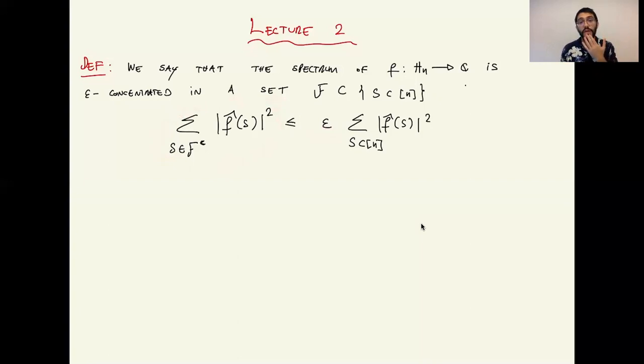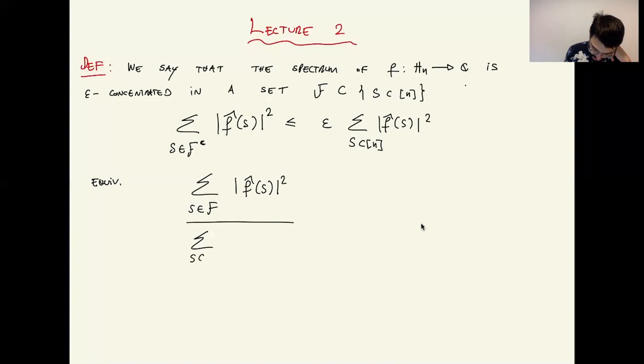So it is concentrated in the family. Another equivalent way of saying this is that the sum over S in this family of f hat of S squared, divided by the sum over all the sets, which is the L2 norm of f hat, is greater or equal than 1 minus epsilon.